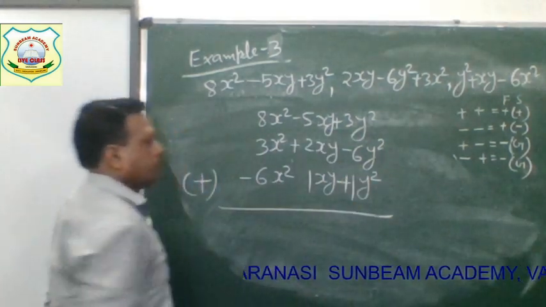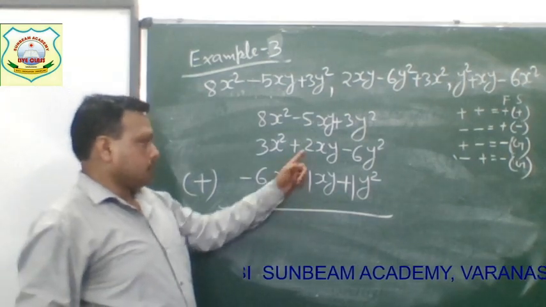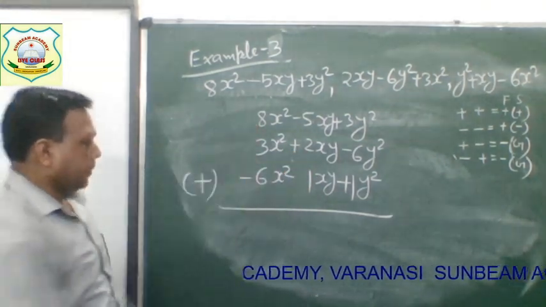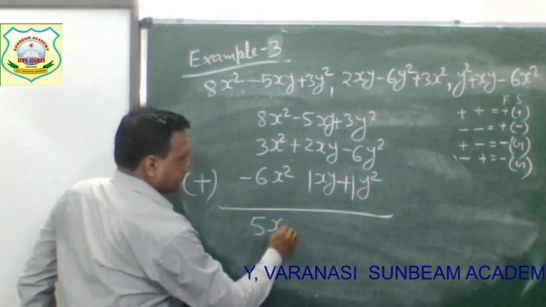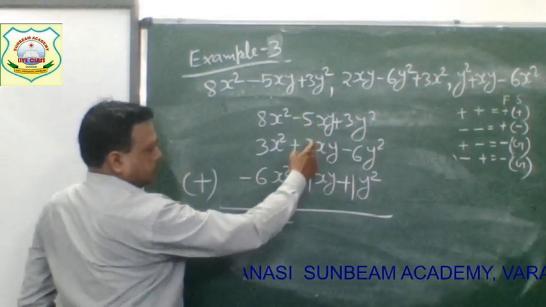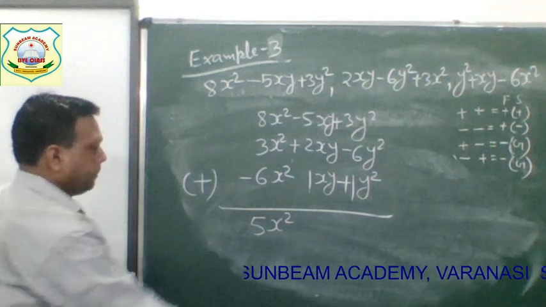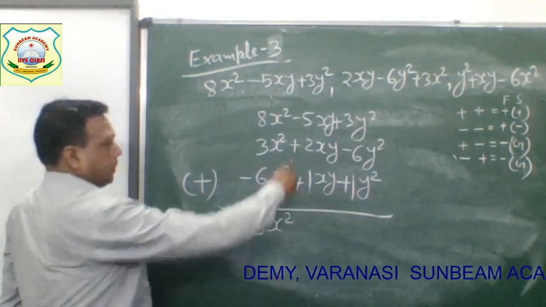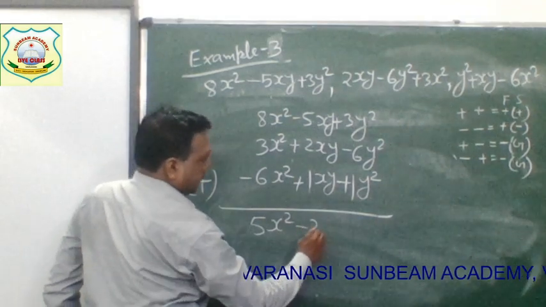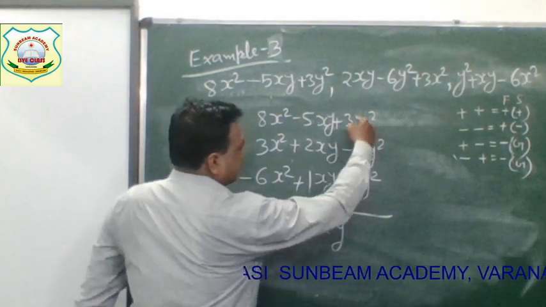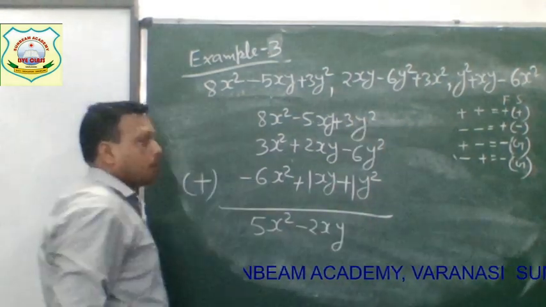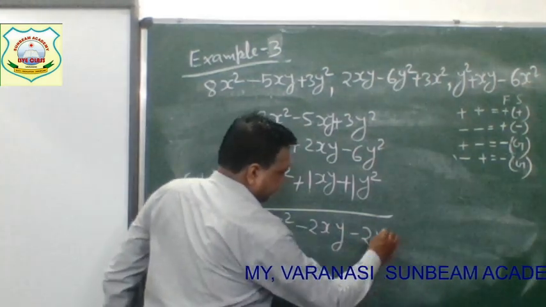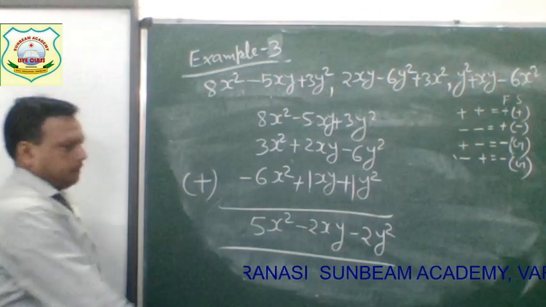Why are we writing 1? Because we can check the numeric value. 8, 3, 11 minus 6, 5x square. Minus 5, plus 2, plus 1. So 2 plus 1, 3, and minus 5, minus 2xy. 3 plus 1, 4, 4 minus 6, minus 2y square. That will be my answer.